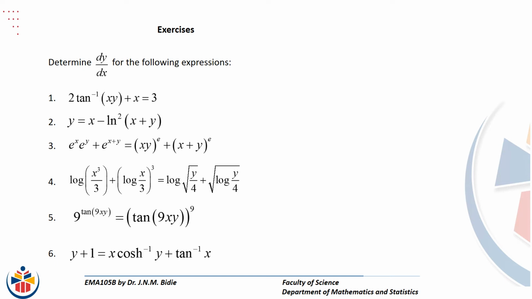Then number 5, left hand side is 9 to the power 10 of 9xy equal to, on the right hand side you've got 10 of 9xy all to the power 9.